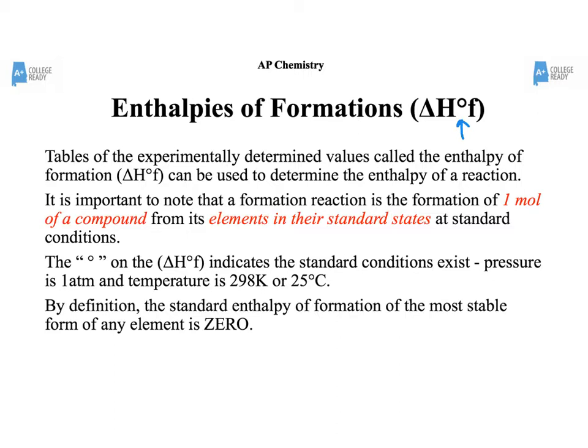So enthalpies of formation can be used to calculate the enthalpy of a reaction also. One thing to note, by definition, the enthalpy of formation of the most stable form of an element is 0. So sometimes you look up enthalpies for elements and then you realize, oh, it's not there, it's 0 because it's an element in standard state.